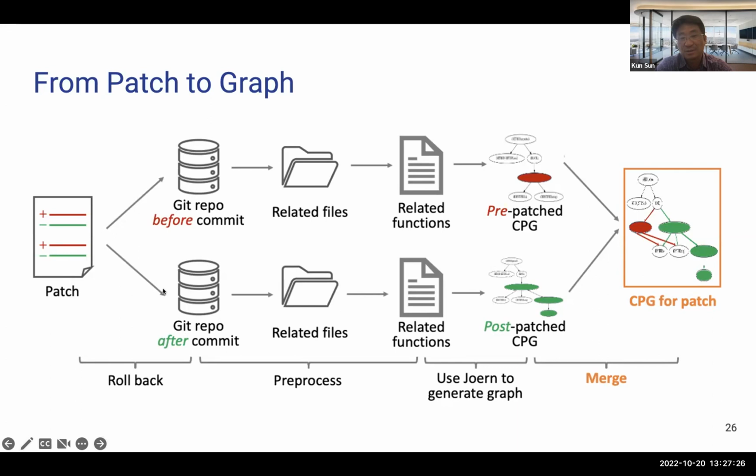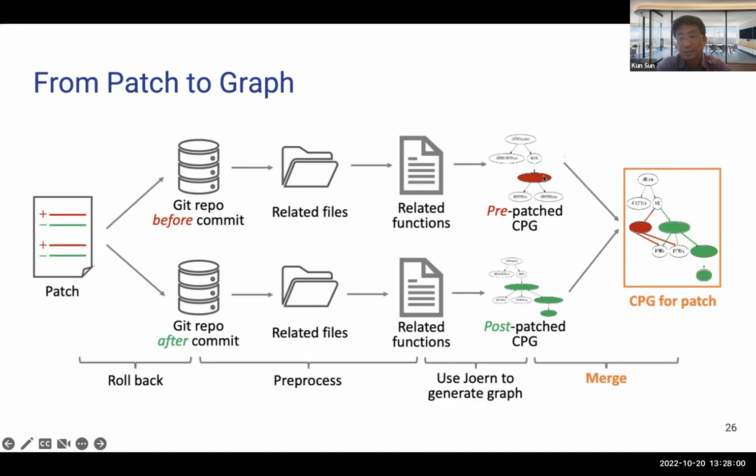And since the patch only contains the commit, we need to get all those related files to get the whole related functions. And from those functions, we can get the CPG, the code property graph. We can build a post-patch CPG and a pre-patch CPG. And then we merge these two CPGs into one graph.